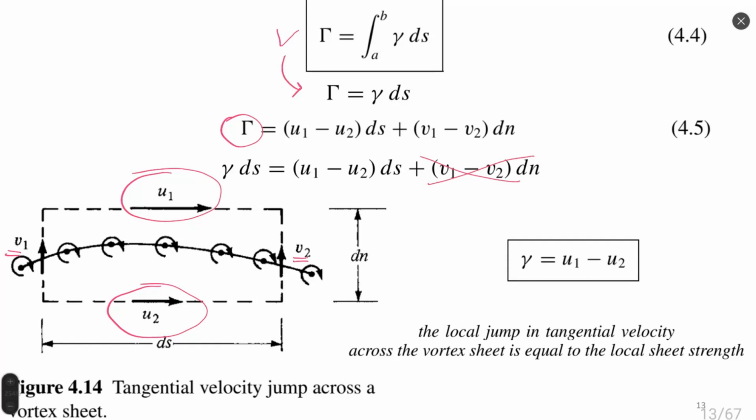And we have just gamma ds is equal to the difference of velocity multiplied by ds. This ds and ds we can cancel from the left and right side. And we arrive at the following conclusion: the strength of an infinitely small vortex on the airfoil is equal to the difference of velocities between the upper and lower side of this airfoil.